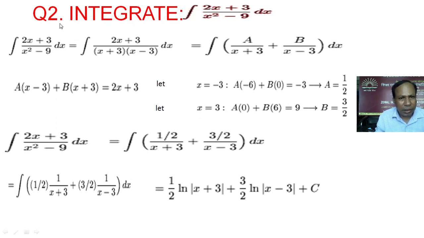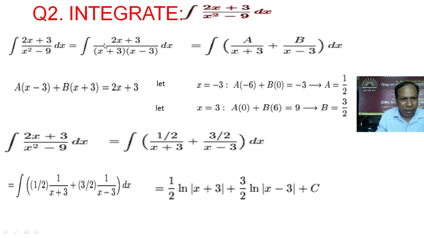Now another question, integration 2x plus 3 by x square minus 9 dx. It is just similar to the previous question, the only thing is that in the numerator we have got a linear expression. So 2x plus 3 by x square minus 9 dx. Now we factorize x square minus 9, it is x plus 3 into x minus 3.